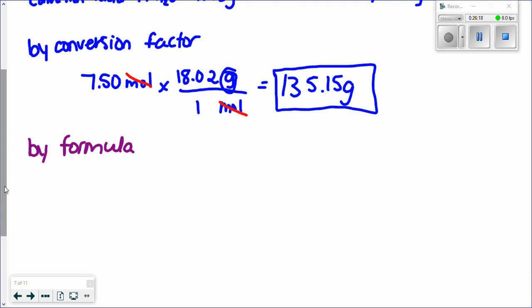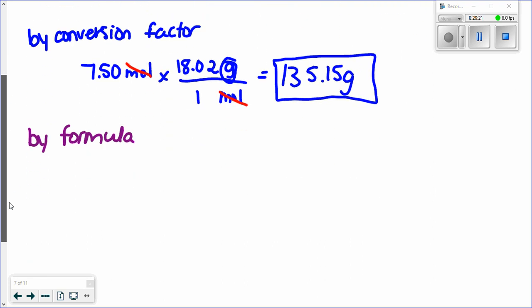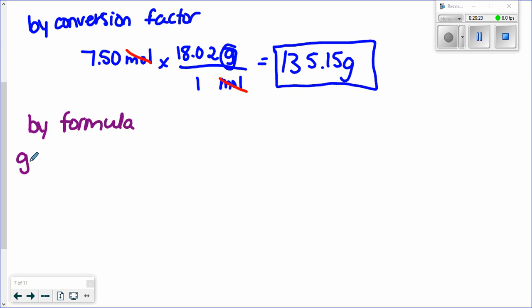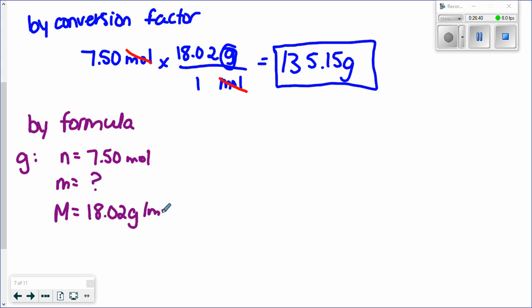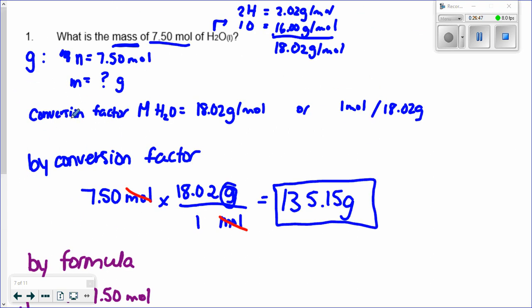Again, I'm going to use basically what I had written up top. So my givens: n equals 7.50 mole. I'm looking for mass, and I know the molar mass of water. I would have had to calculate it out, but the molar mass of water was 18.02 grams per mole. I calculated that out up above and just called it my conversion factor.